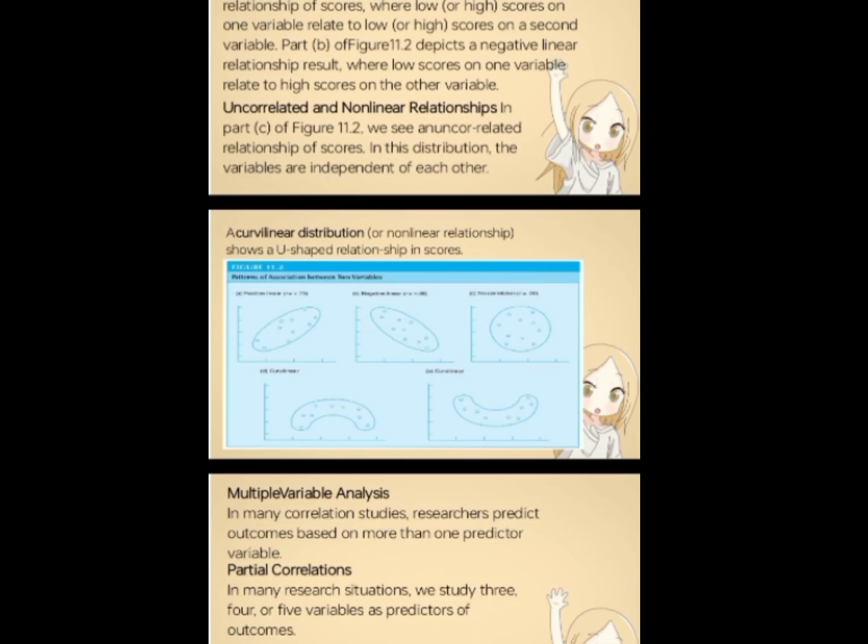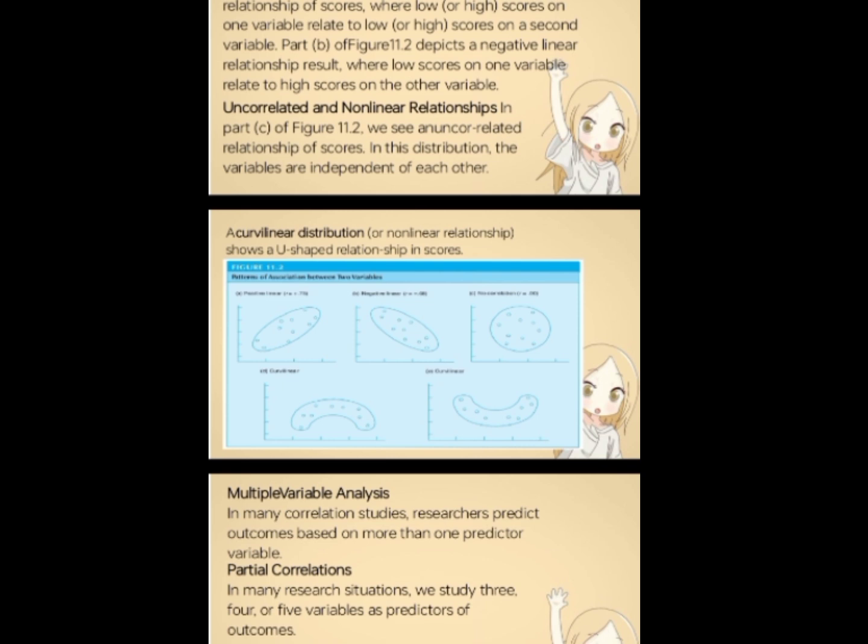Then, linear relationship. Part A of Figure 11.2 depicts a positive linear relationship of scores where low or high scores on one variable relate to low or high scores on a second variable. Part B of Figure 11.2 depicts a negative linear relationship result where low scores on one variable relate to high scores on the other variable.